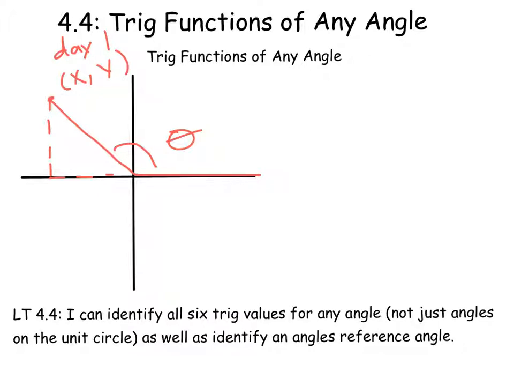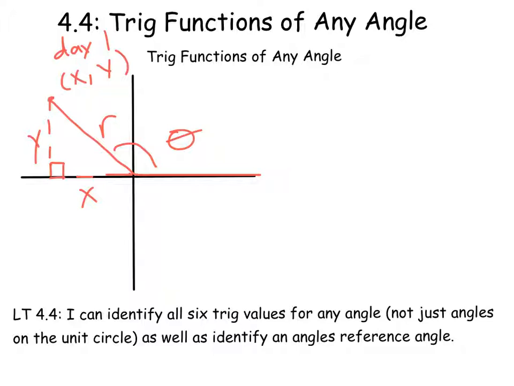So all that stuff from section 3 about opposite over hypotenuse, adjacent over hypotenuse, I can't really use, because that terminology is really specific to right triangles. But notice here, that side length is x, that side length right here is y, and let's say the distance from 0,0 to the point that we plotted is r.